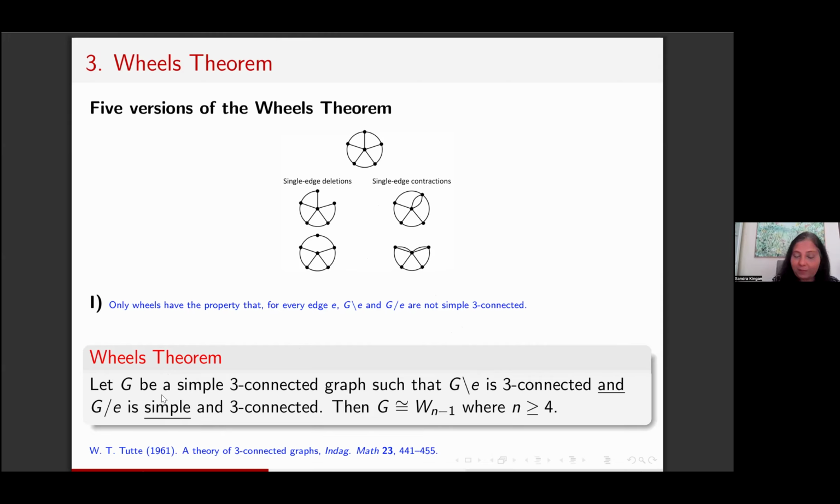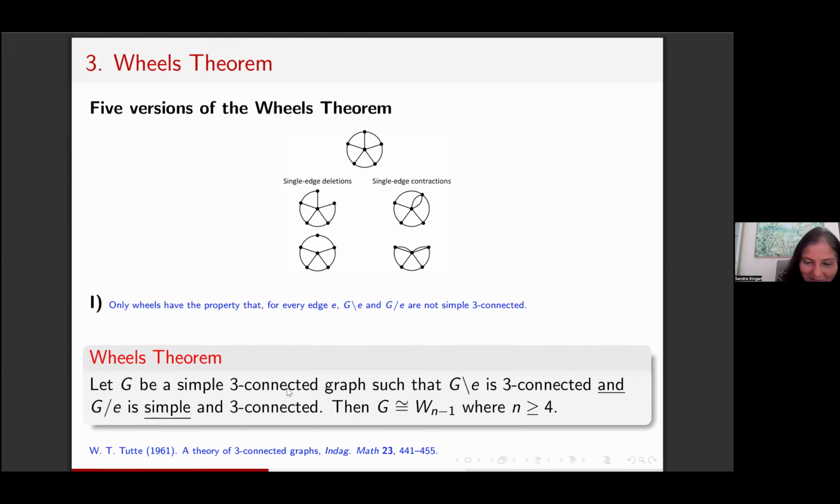Let G be a simple 3 connected graph. Did I write that correctly? I don't think I wrote that correctly.